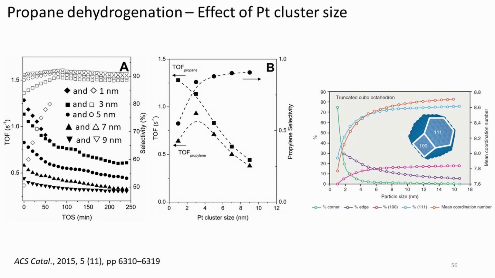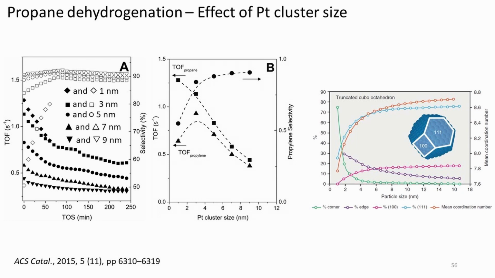Atomic steps, kinks, and sites with specific coordination properties can selectively break different bonds: CH, HH, CC bonds, and so on. The catalyst performance of different size platinum catalysts is plotted on the next slide.